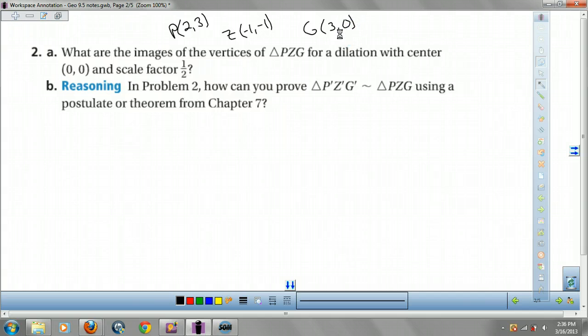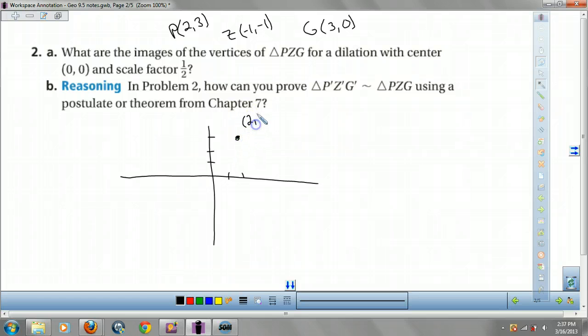Okay? So, we're changing the size of this beast, right? So P is at 2, 3, right? Z is at -1, -1. And G is 3, 0.